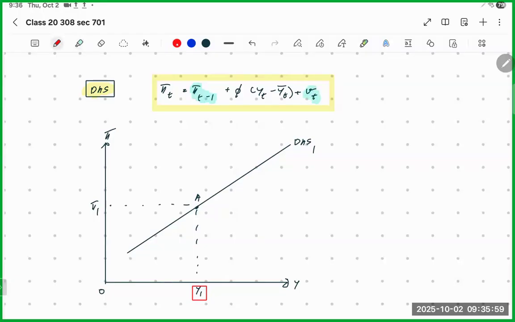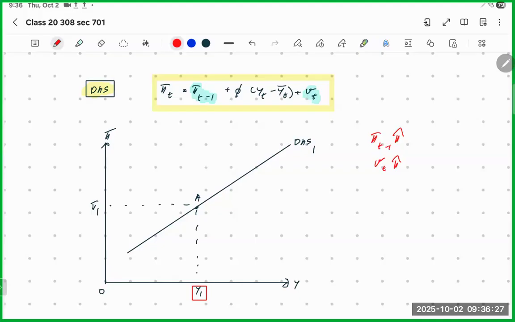If pi t minus 1 increases, meaning yesterday inflation was high, or we have a positive supply shock. A positive supply shock means that we have some external factor that makes the cost of production higher. For example, we have a war in the Middle East, the oil price increases, and the cost of production becomes expensive, right?